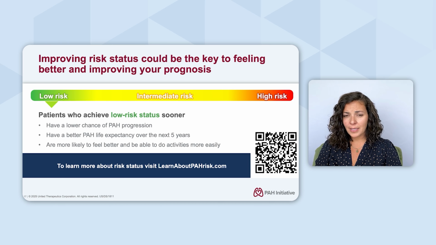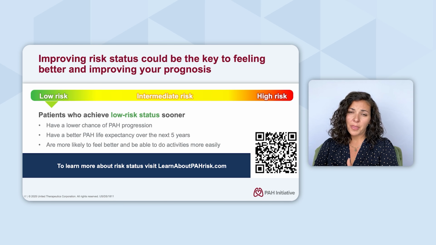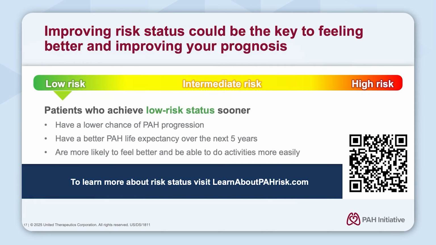And so the guidelines and specialists working in the field of pulmonary vascular disease will use risk assessments to help us understand what therapies and how many therapies we need to try to move you closer to low-risk features of your disease. Because we know that those are the patients that have a chance at the best prognosis, have a better life expectancy over the course of the 5 years, and are likely able, and what I think is the most important, to do more, achieve those goals that you set for yourself.